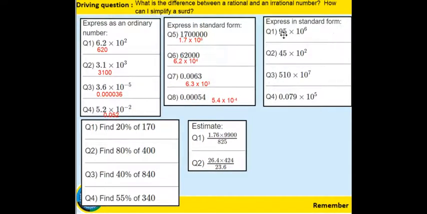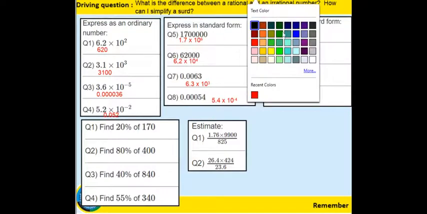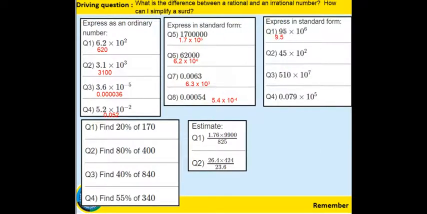Expressed in standard form. First of all, let's think, why aren't these numbers in standard form? Well, the reason is these numbers here are not between 1 and 10. So let's change this to 9.5. So I've divided this number by 10. So what I'll do with the 10 that I divided it by is I'll just move it over to here so it has the same value.